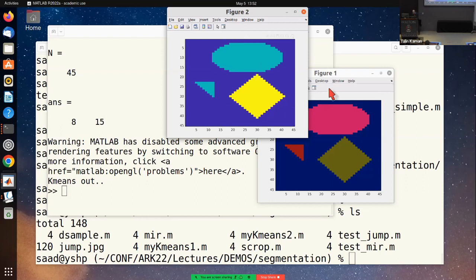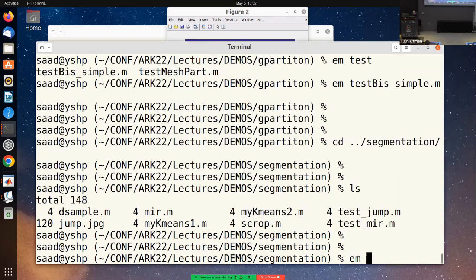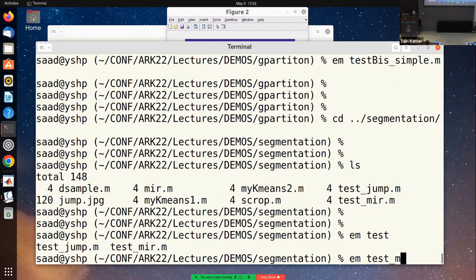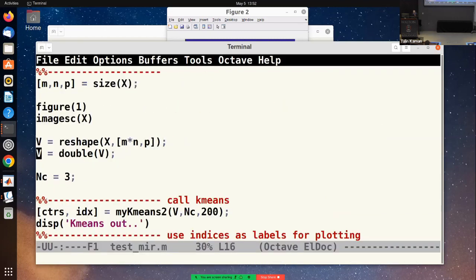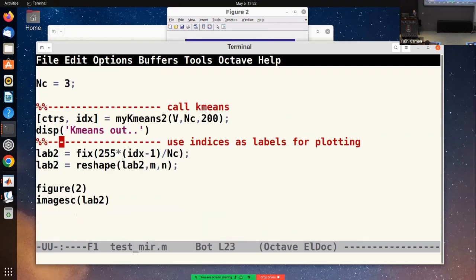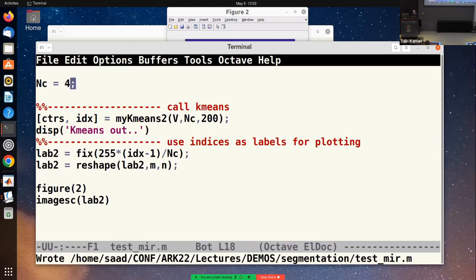Let me show you mirror. This is the image. And then I say 3 for my k-means. I use the k-means I did myself. So how come it is 3 and not 4? Let's see if I can say 4. Is that 4 or 3? You get it from the same color?